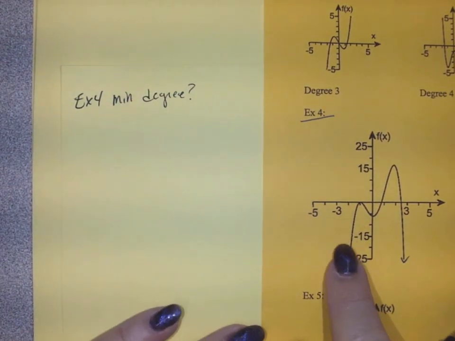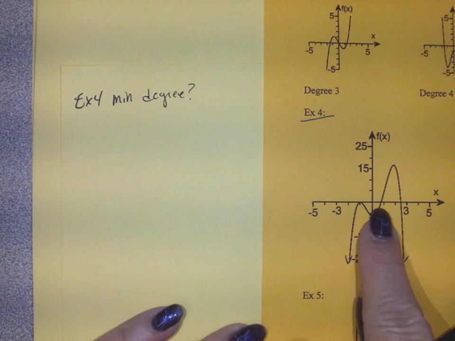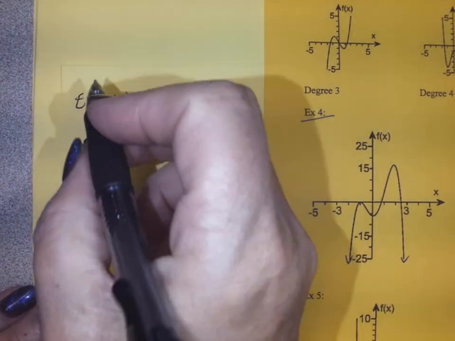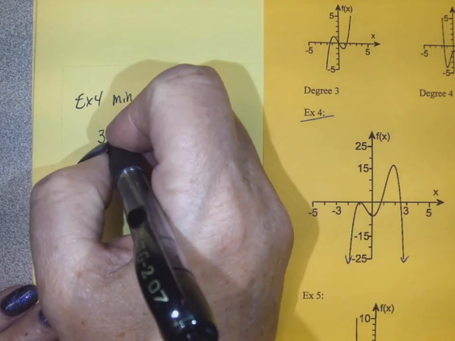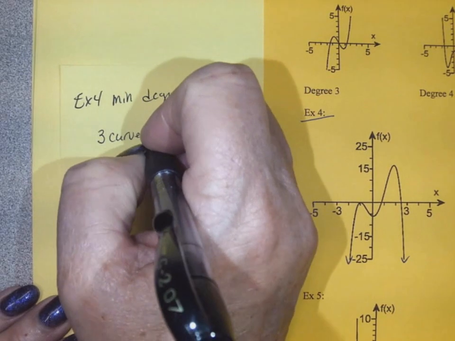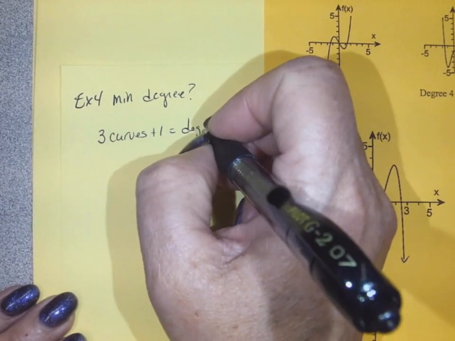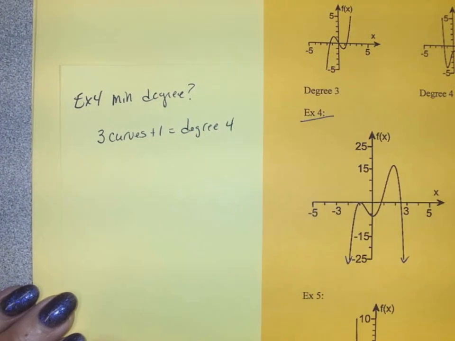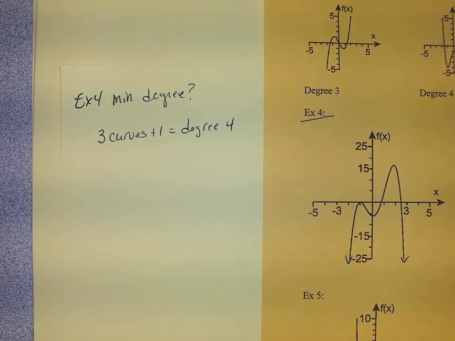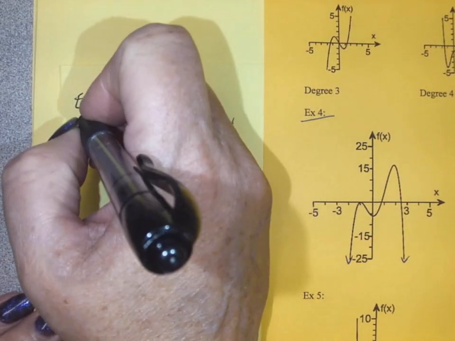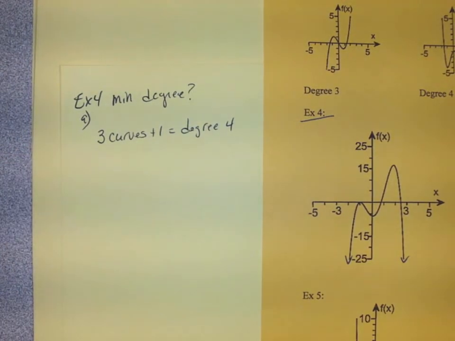Well, on this graph, we have 1 curve, 2 curves, 3 curves. So 3 curves plus 1 will get us a degree of 4. All right. And then, so this would be part A. What's the minimum degree? Minimum degree is going to be 4.